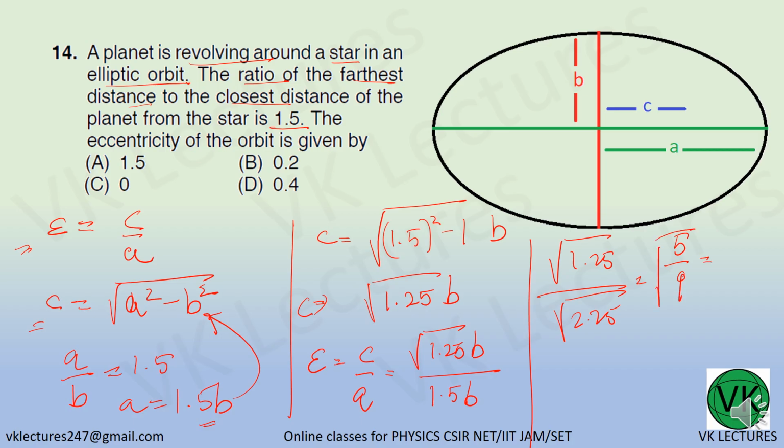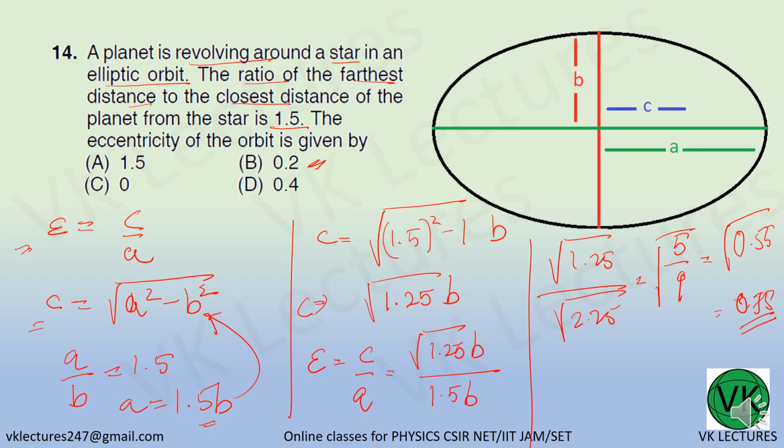So 5 by 9 is almost equal to 0.55, and under root 0.55 is nearly equal to 0.75. So none of the values is equal to 0.75, but in the option it is given as b, but your correct value of eccentricity is 0.75.